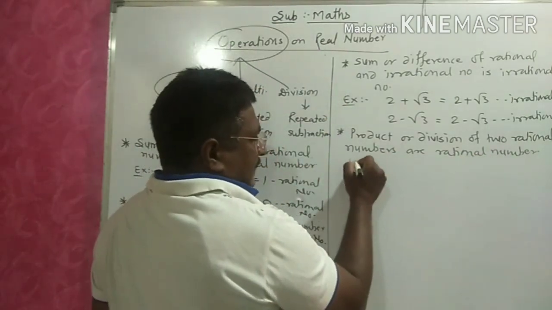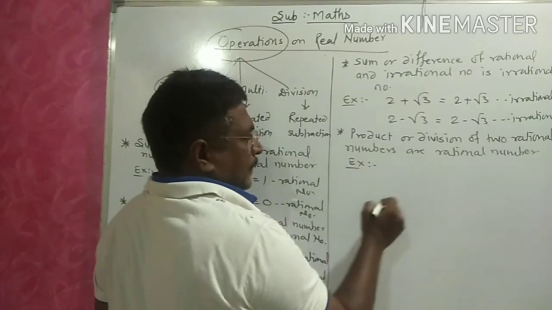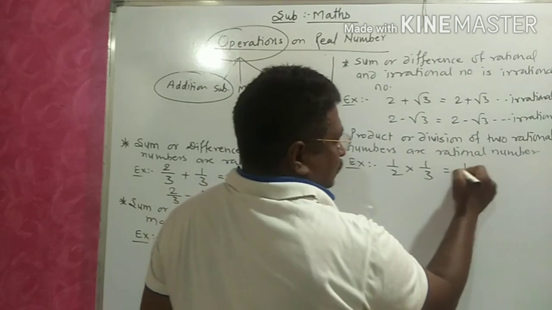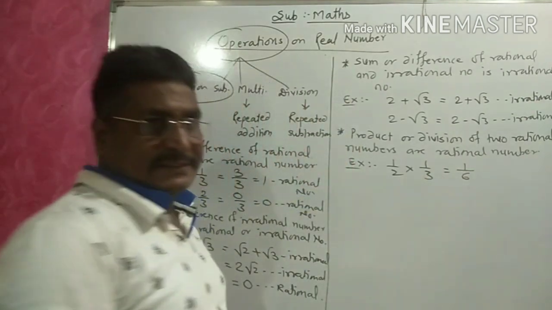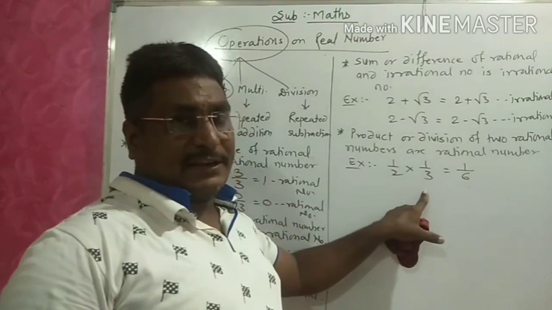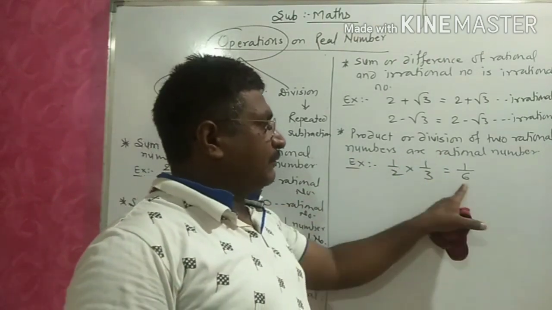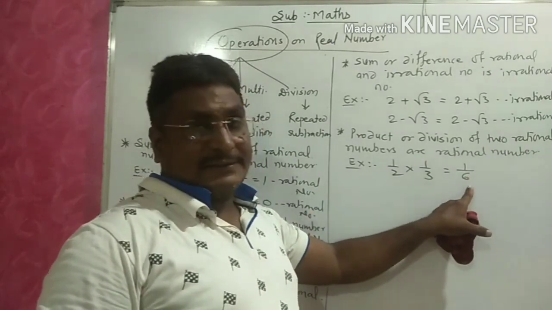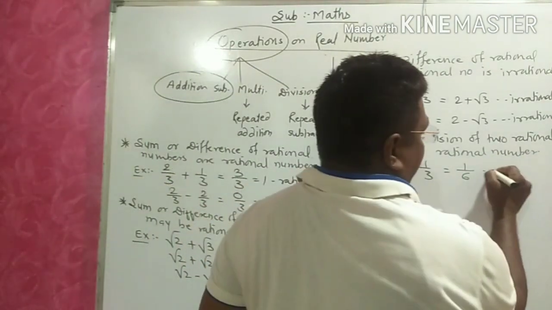For example, 1 by 2 into 1 by 3. What will we get? 1 by 6. 1 by 2 is a rational number, 1 by 3 is a rational number. Whatever product we got, 1 by 6, that product is a rational number.